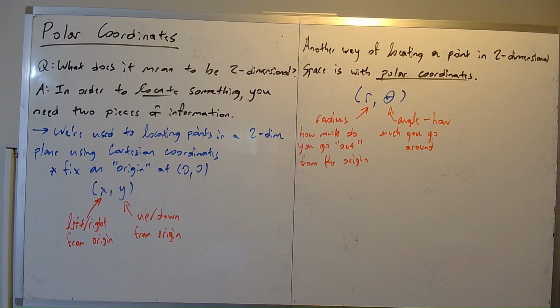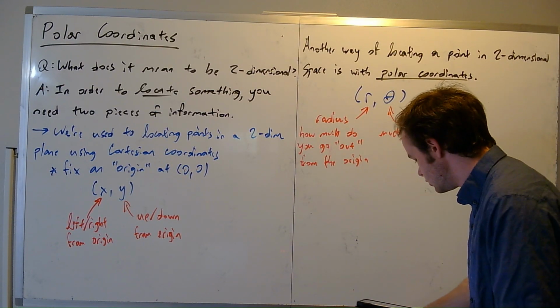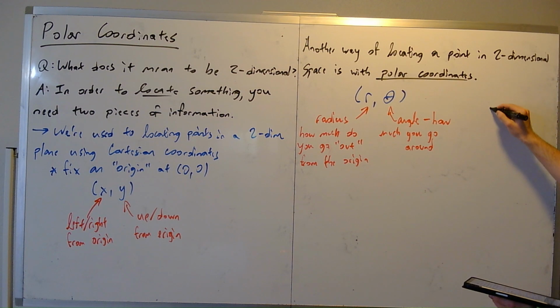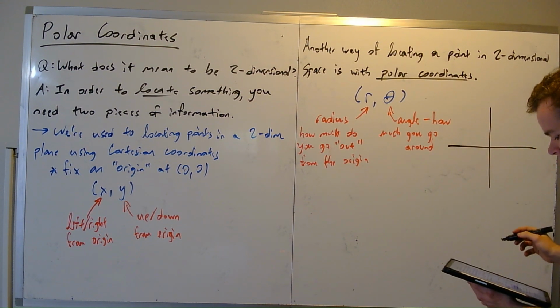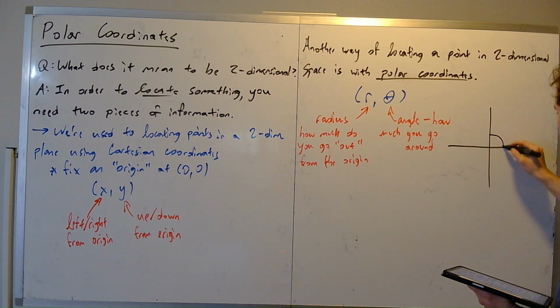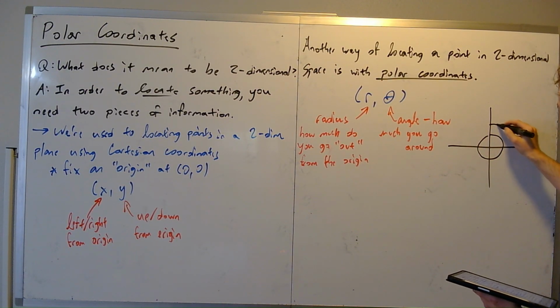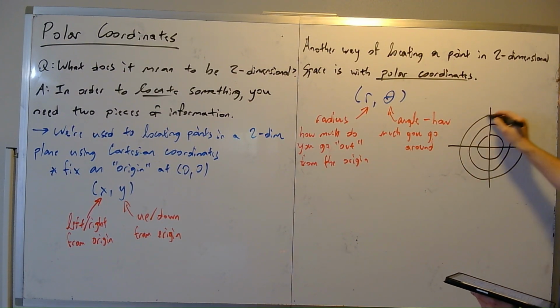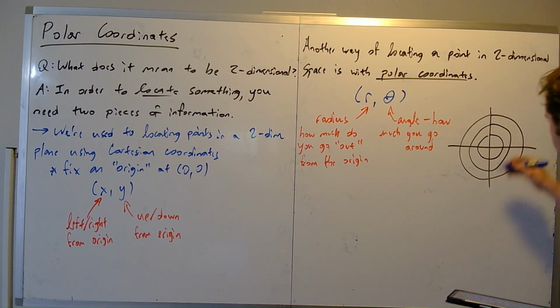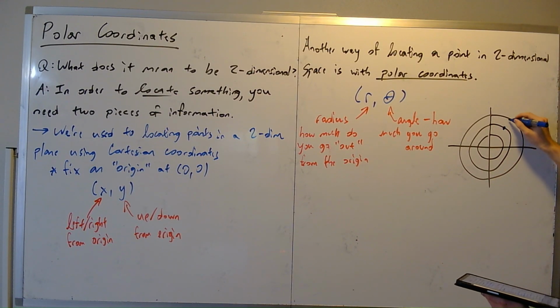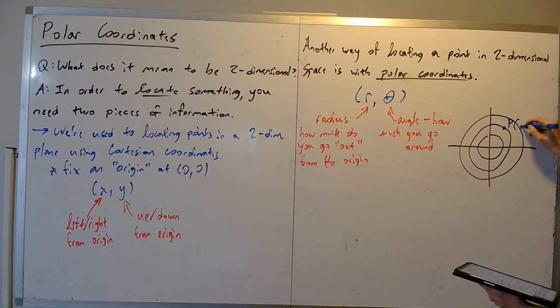Right, so what we mean here is, let's say we just draw our coordinate system, right? Let me just draw some circles here, just to make it a little bit clearer. So let's say we've got a point P, which has a radius and an angle theta associated with it.